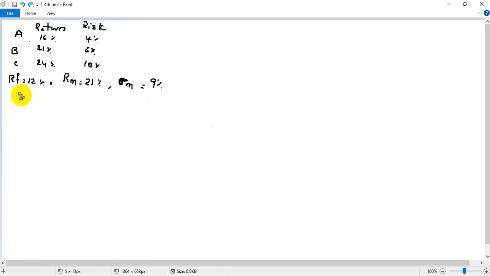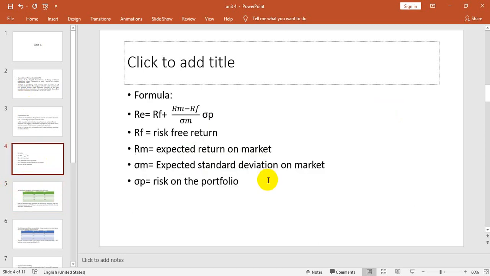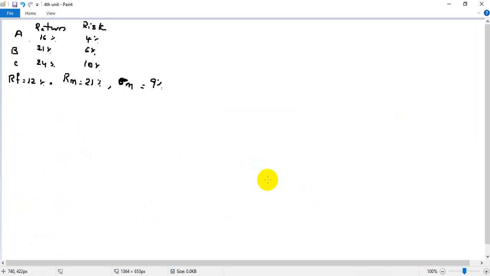So here the formula would be RF plus RM minus RF divided by standard deviation of M into standard deviation of P. So let's take down that information.